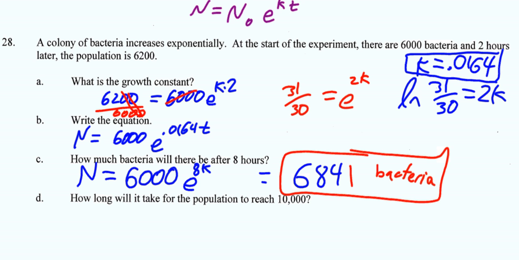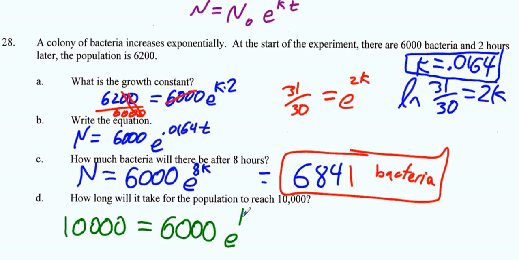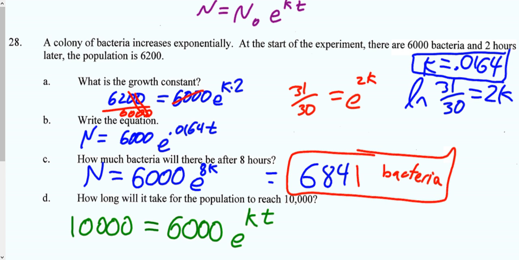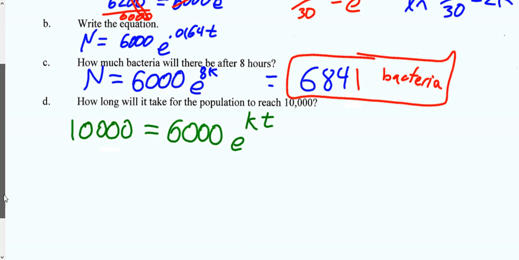And then part D, how long will it take for the population to reach 10,000? So that's our N, 10,000 equals 6,000 e to the KT. We're solving for T. So the first step's got to be divide.